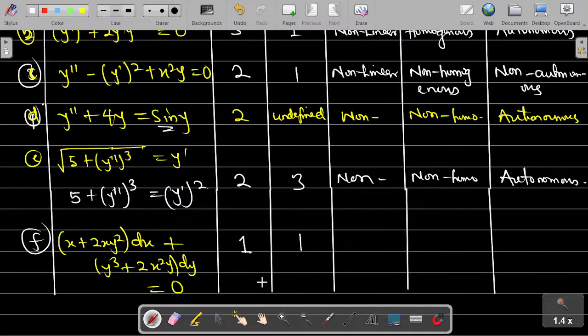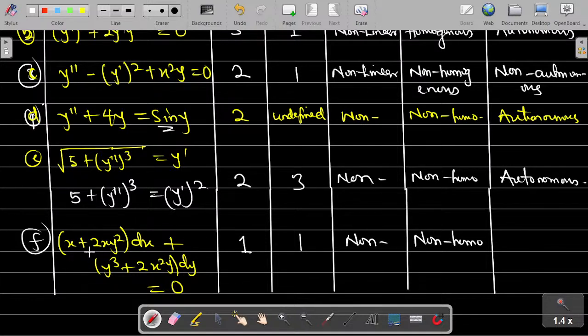Is it linear? Of course, no, because you are seeing the power of some y to be more than 1. So here is 2, here is 3, so it's non-linear. Is it homogeneous? It's non-homogeneous. Okay, of course, you can see the reason why it's non-homogeneous.